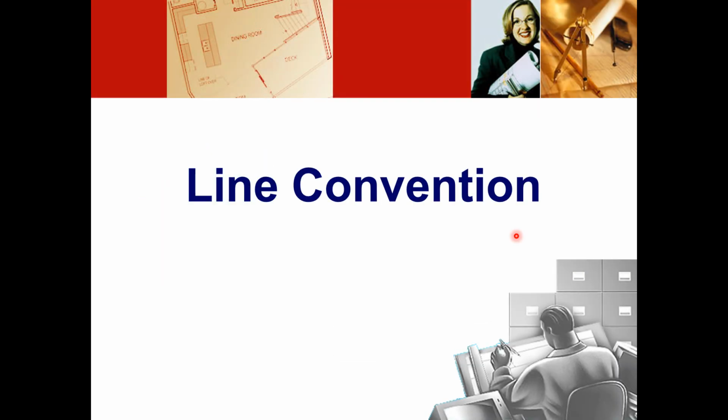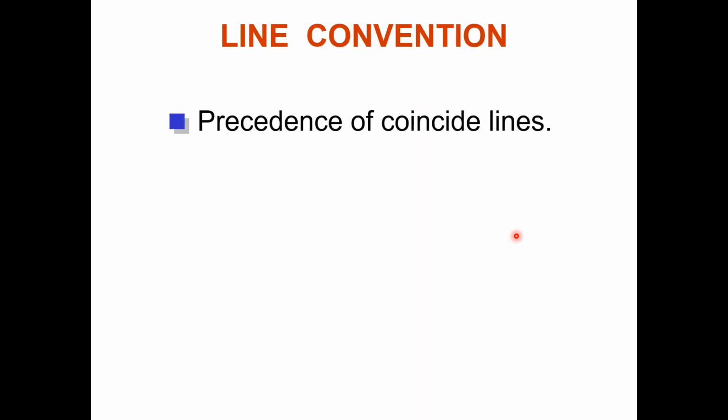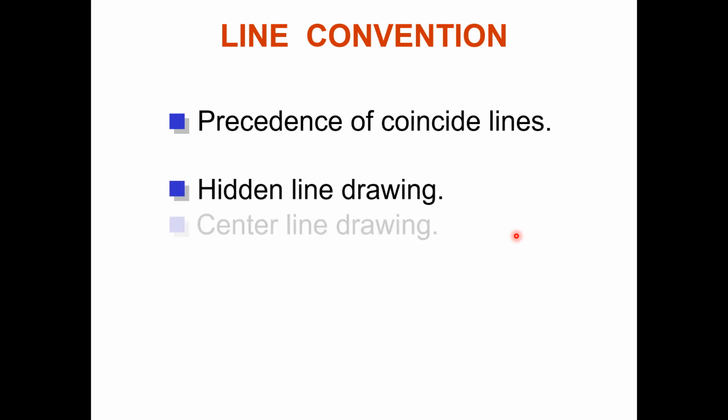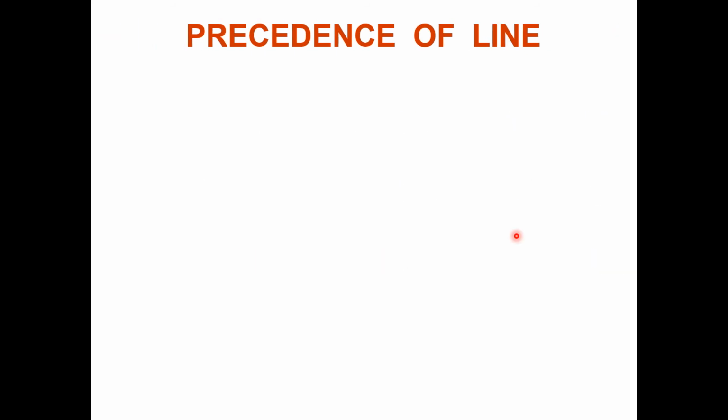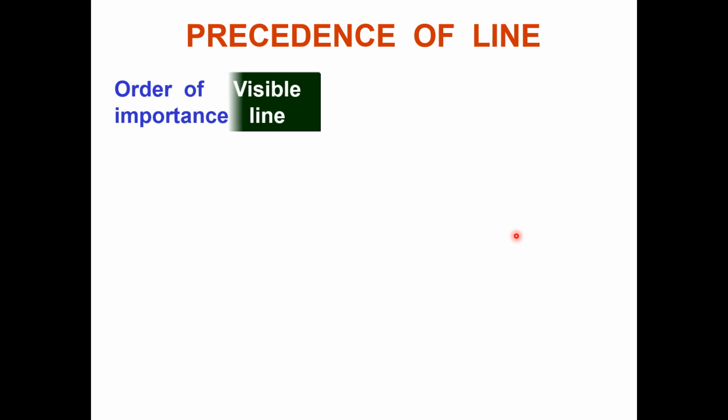Now the next topic is line convention. There are some rules: precedence of coincident lines, hidden line drawing, center line drawing. I will discuss one by one. Precedence of line means order of importance.